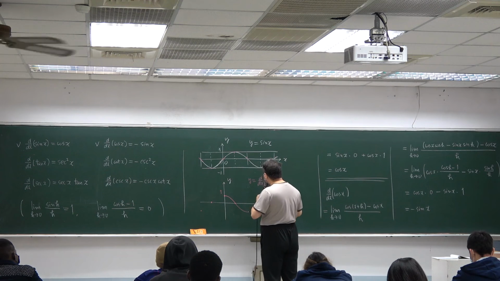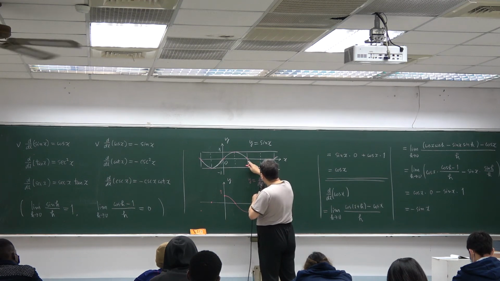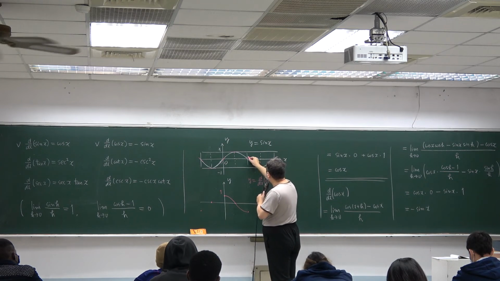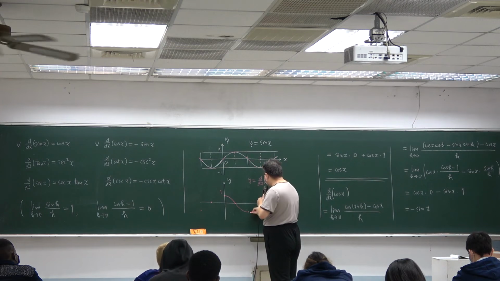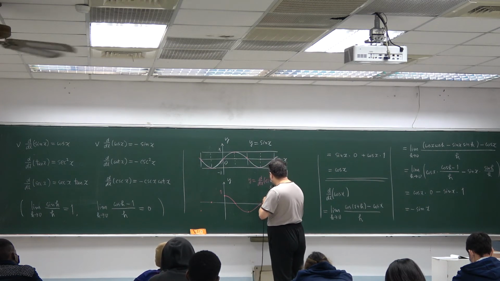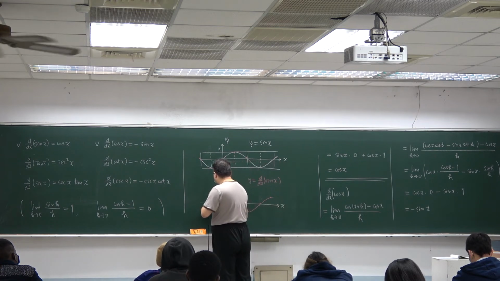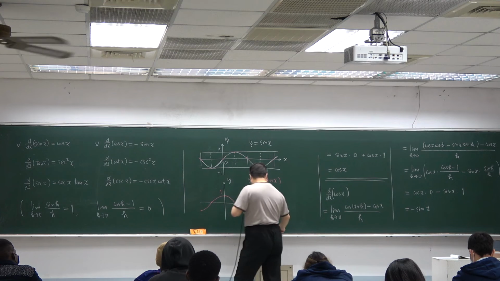And from pi to 3 pi over 2, the slope increases from minus 1 to 0. So the slope of sine looks like this.